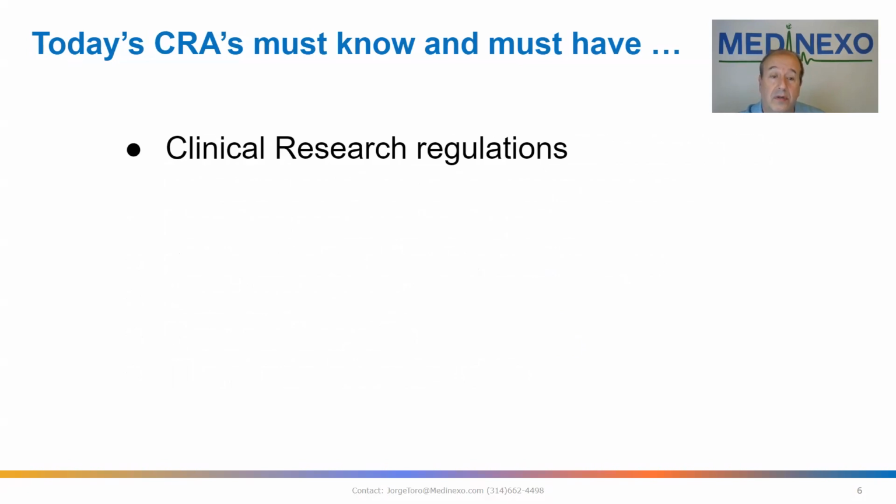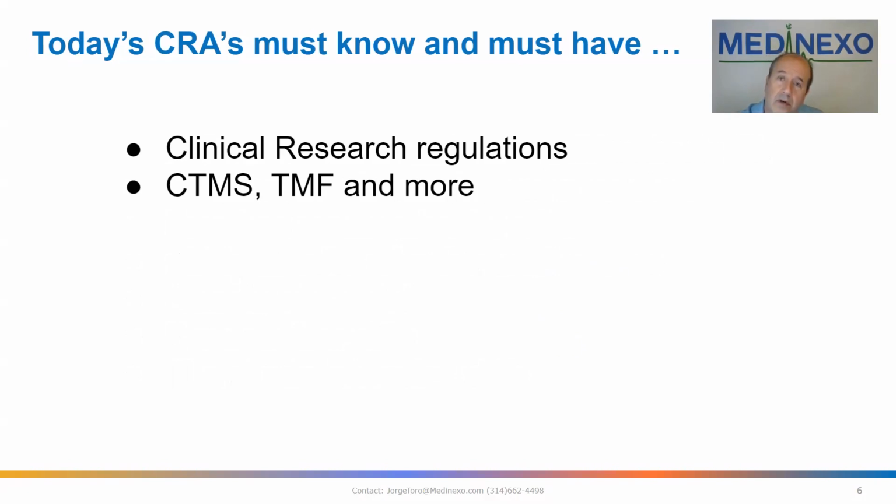So clinical research regulations, knowledge of systems like the CTMS, the trial management files, the electronic data capture system, knowledge of the systems that are necessary for you to be able to execute the trial in an automated manner, and recorded in an automated manner. Computer skills, of course, are necessary in today's world. You have to have very strong communication skills.